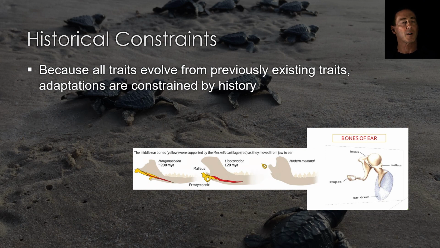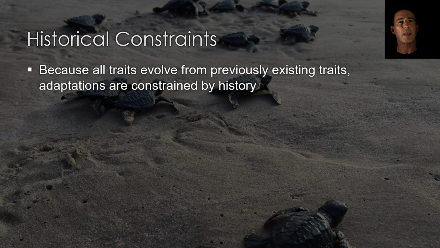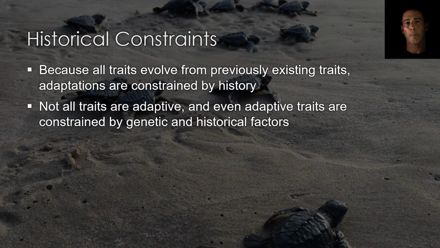Biologists routinely interpret these bones as adaptations that improve your ability to hear airborne sounds. But they are not a perfect solution to the problem of transmitting sound from the outside of the ear to the inside. They are the best solution possible given an important historical constraint. Some other vertebrates have different structures for this purpose and can therefore achieve sound transmission more efficiently.